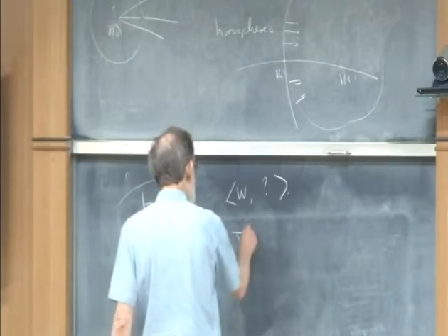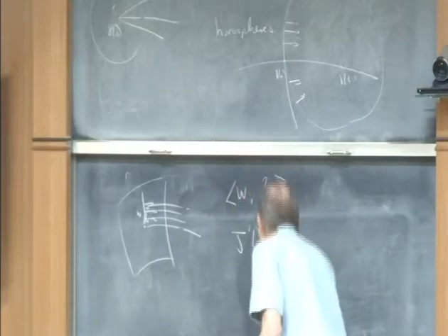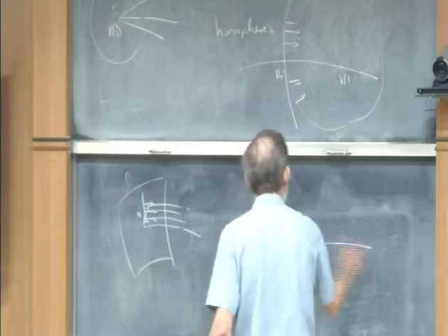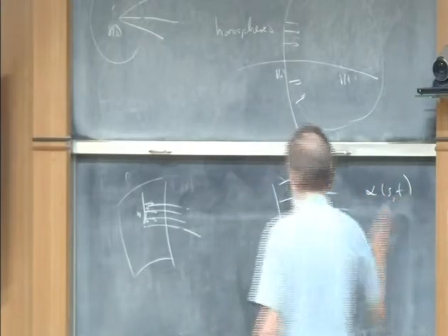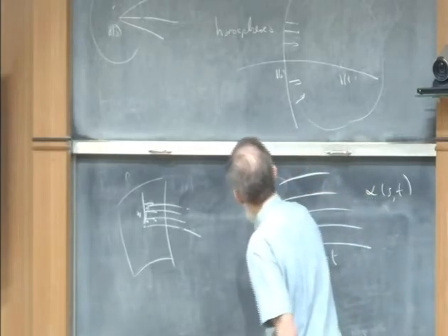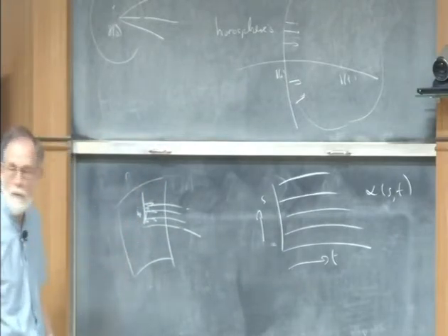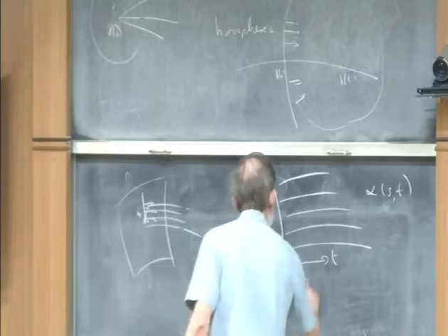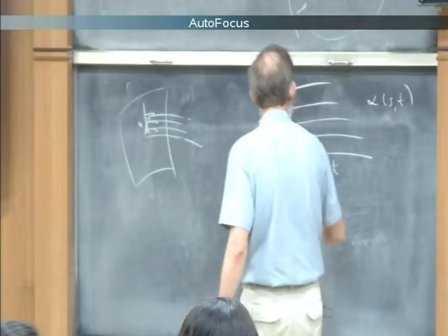So if I look at J prime at 0, I should draw a picture. I have a variation alpha of s, t. t goes this way. s is the parameter along the curve in the surface. W is partial d alpha ds at (0,0).